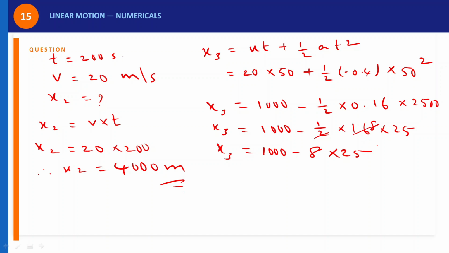So there is a small mistake here. This is the acceleration, it remains the same, but I have taken the square here. It is 0.4.